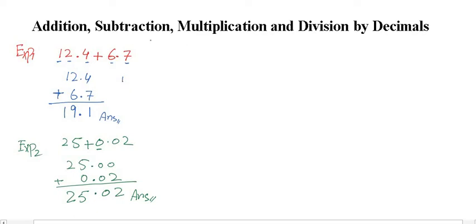In example number 2 we took the addition. Now try the subtraction, like example number 3.